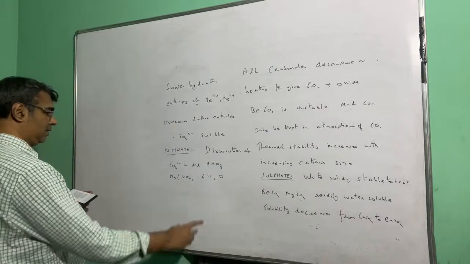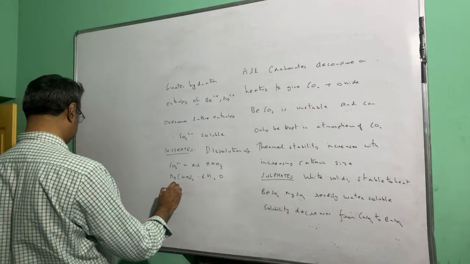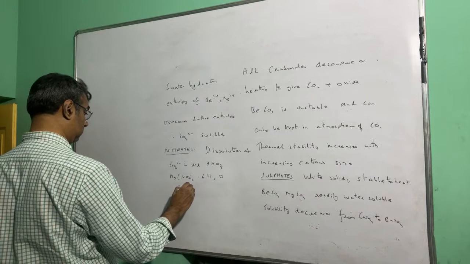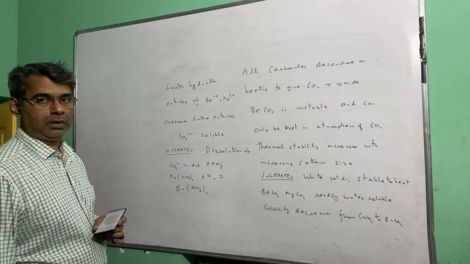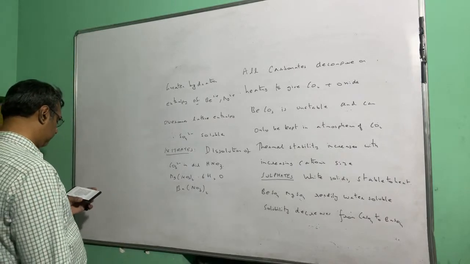Magnesium nitrate has 6 molecules of water. Barium nitrate doesn't have any water molecule, it is anhydrous.